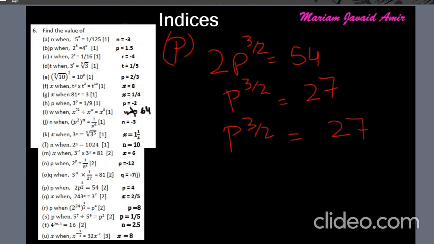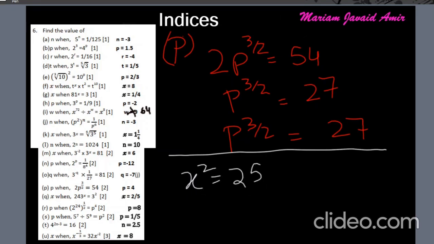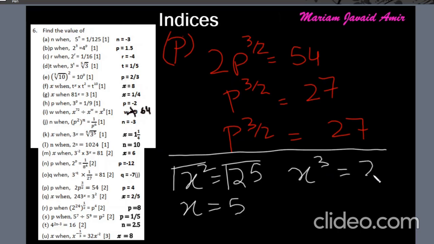Alright, side notes. Remember in a class sometimes we get an equation like x square equals 25 and we have to find the value of x. So we take square root on both sides and we get x equals 5. Similarly, sometimes we get equations like x cube equals, let's say, 27.